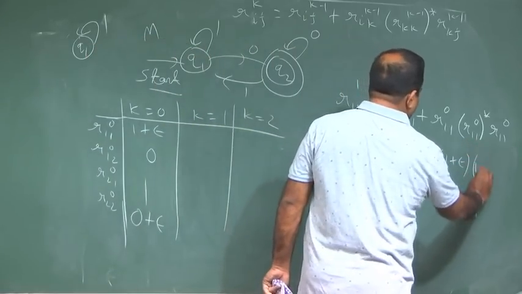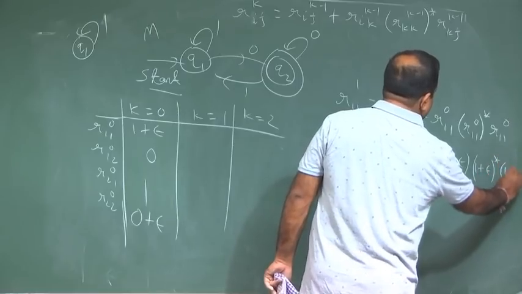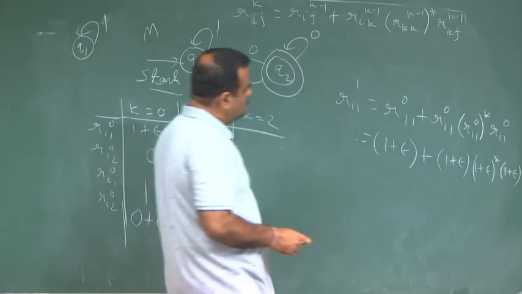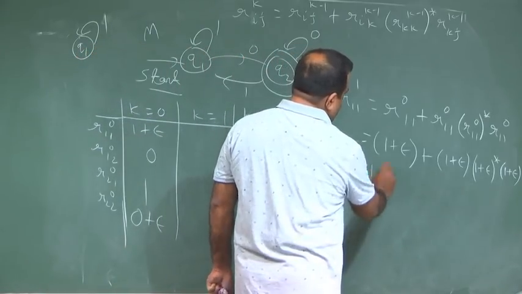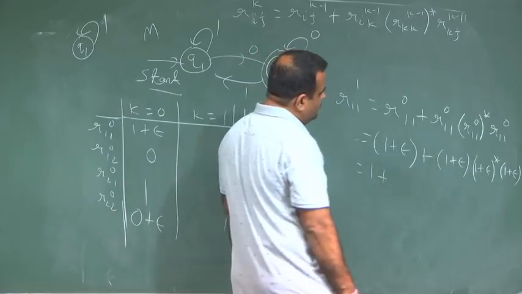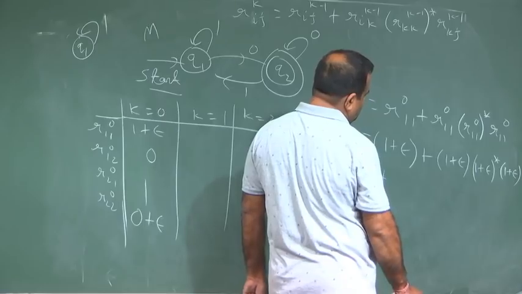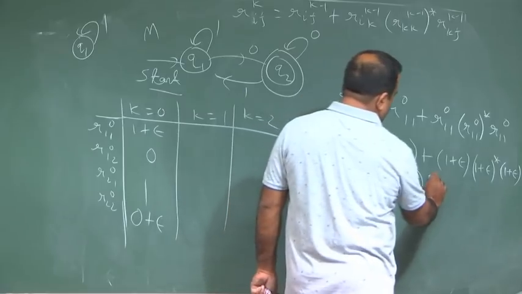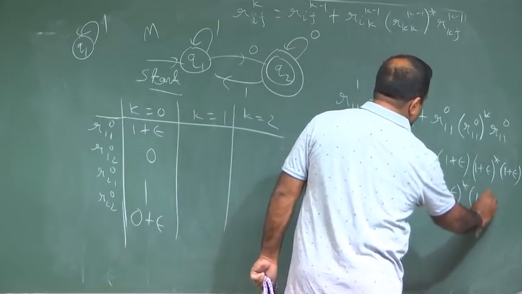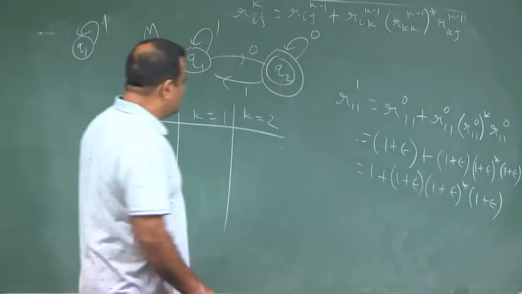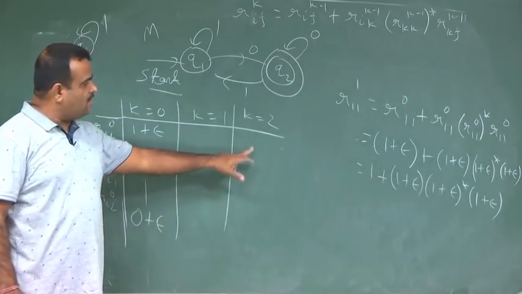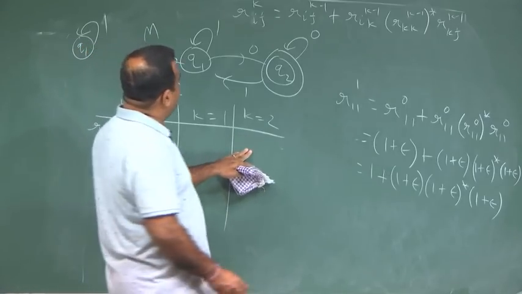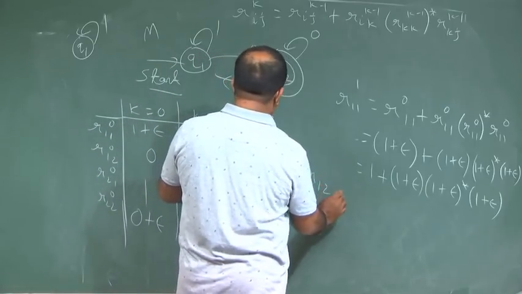We can simplify all this. 1 plus epsilon means 1 plus this one, so we can have 1 plus this. We can simplify this and compute all the values over here. Once we have computed all the values, we do not need to compute all of them, we just need to compute R 1 to 2.